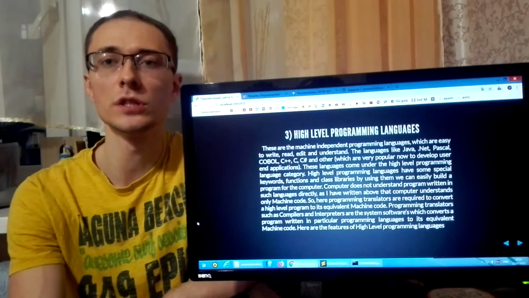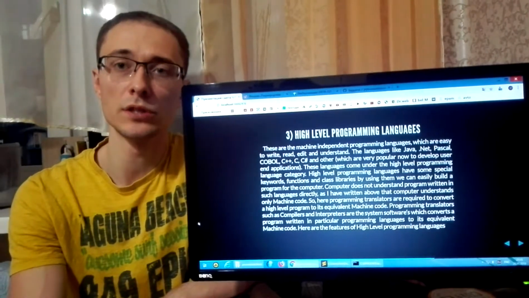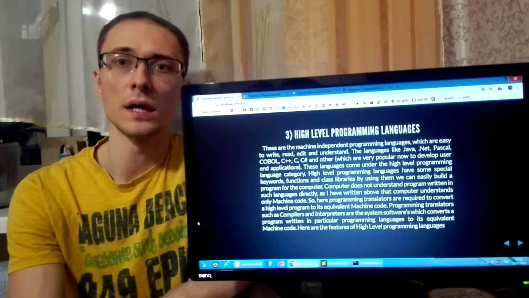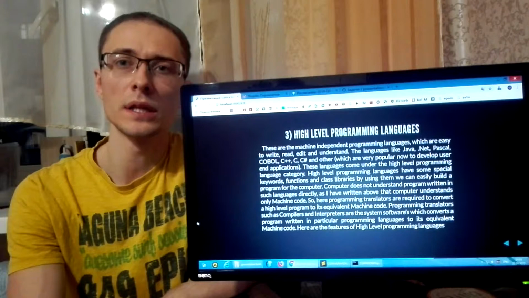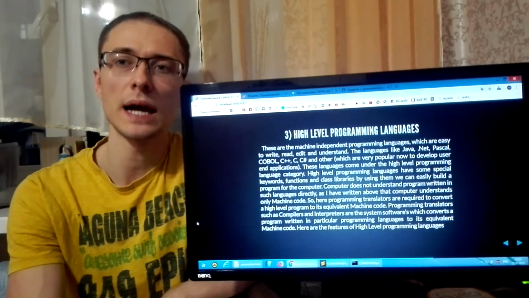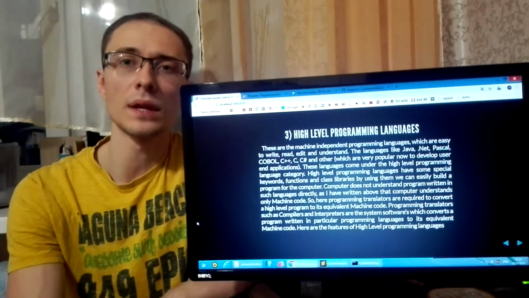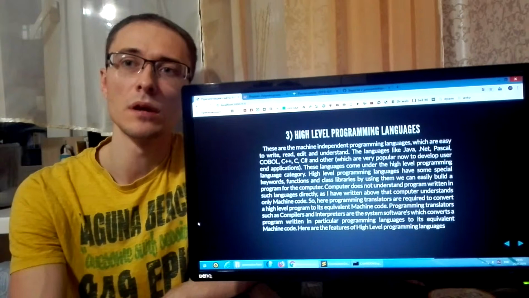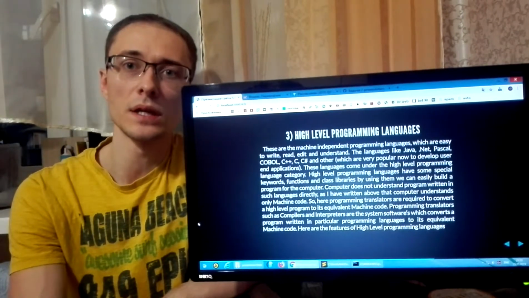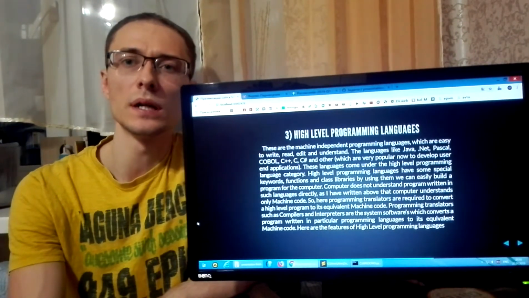Here are the features of high-level programming languages. The programs written in high-level programming languages are machine independent. A program written on one system can be run on another system. They are easy to understand.